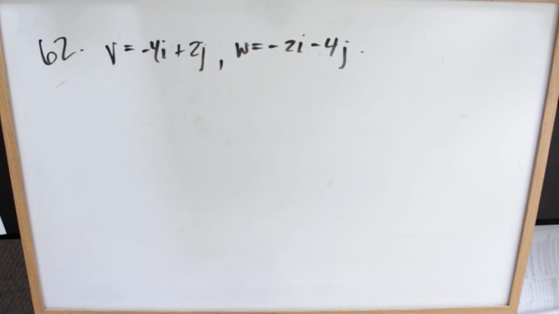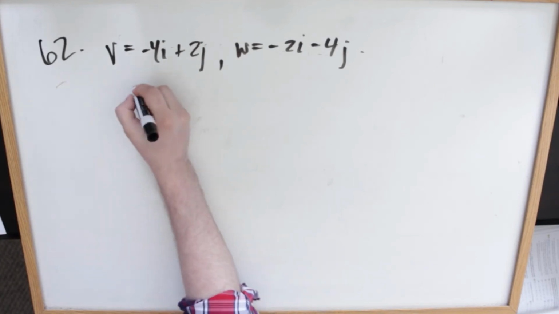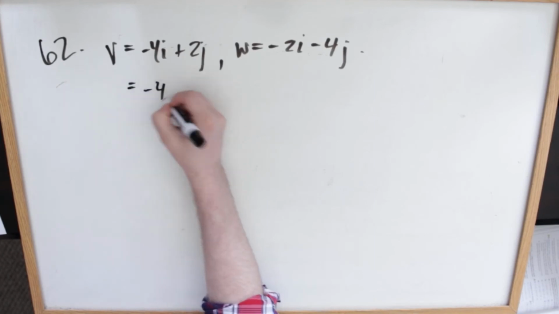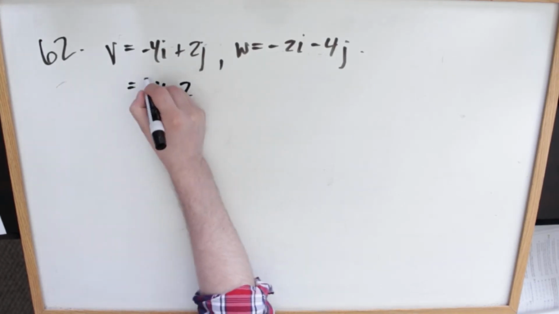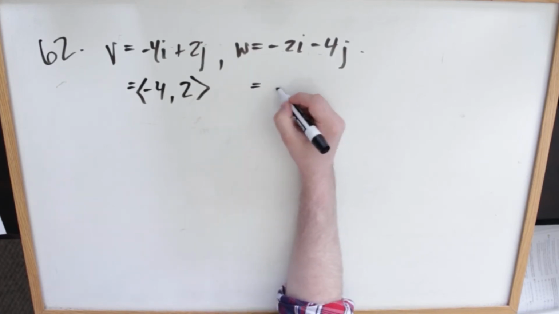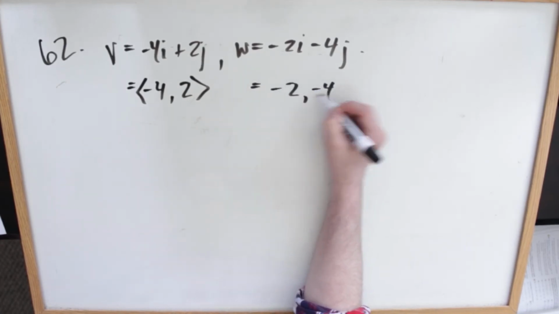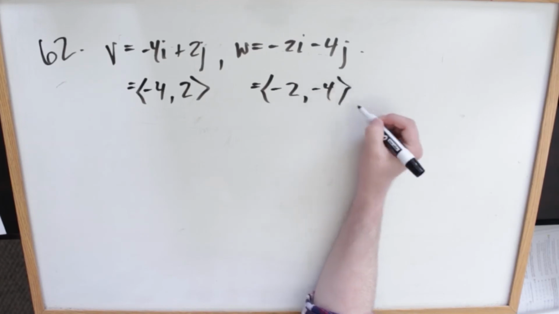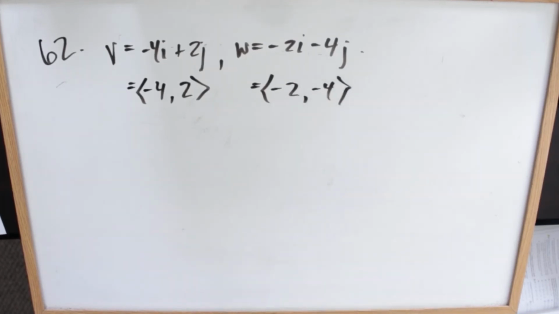So previously, if you wanted to rewrite this, this would be the same thing as minus 4, 2. And this would be the same thing as minus 2, minus 4. It's just another way of writing it, that's all. So just bear that in mind.